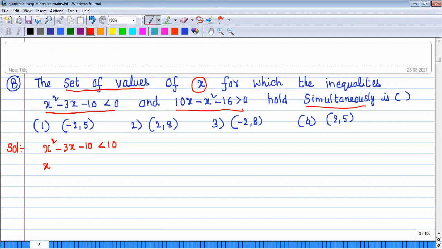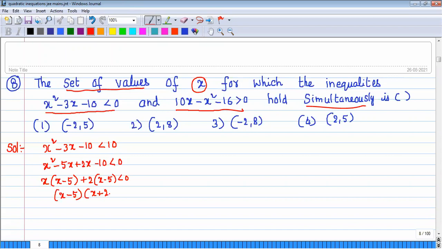So we can have x square minus 5x plus 2x minus 10 less than 0. Here x common, x minus 5, plus 2 common, x minus 5, less than 0. So x minus 5 into x plus 2.